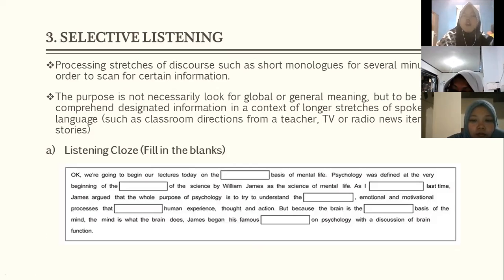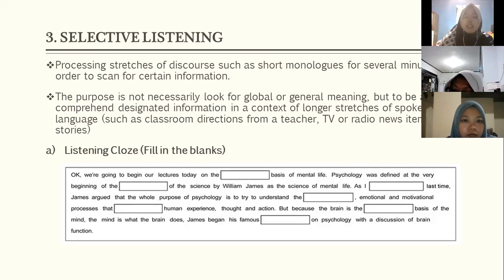The third type of listening is selective listening. It is processing stretches of discourse, such as a short monologue of several minutes, in order to scan for certain information. Okay. In this third type of listening performance, the assessment will focus on the student's ability to get selective information, where the student will listen to a block of information and complete the task through some activities.